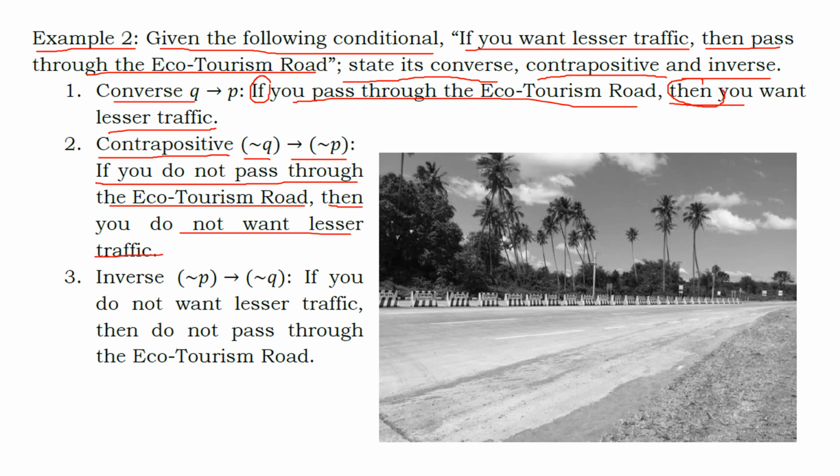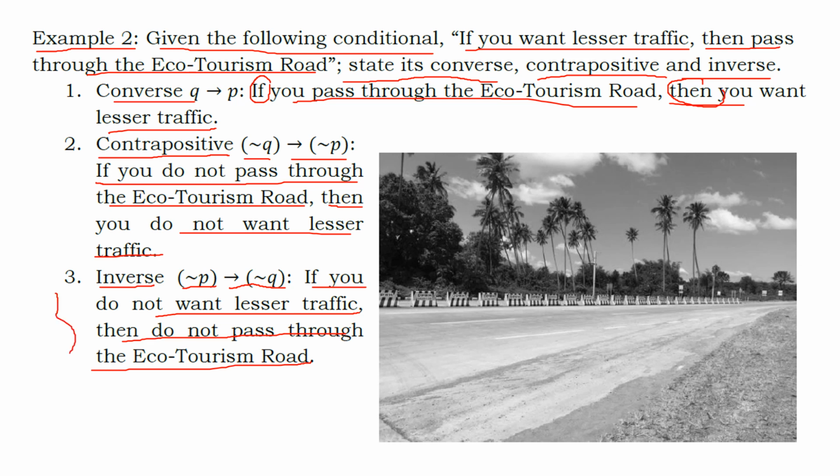So that will be the contrapositive. Now, what will be your inverse? Your inverse is negation P conditional negation Q. So if you do not want lesser traffic, then do not pass through the ecotourism road.